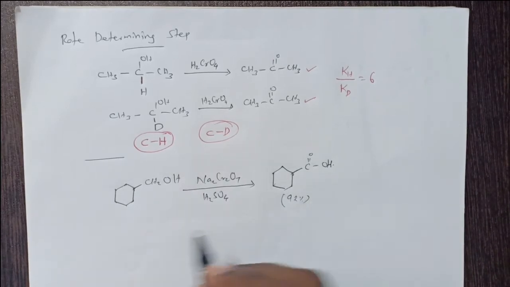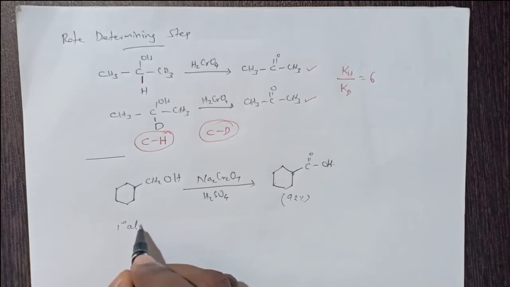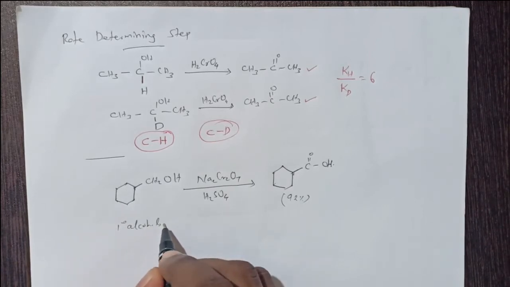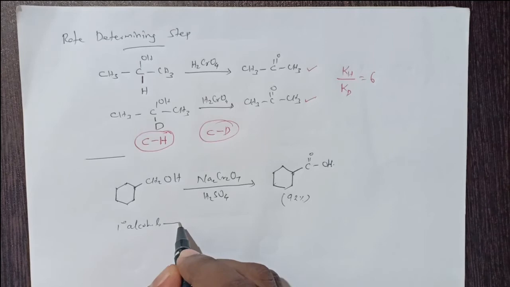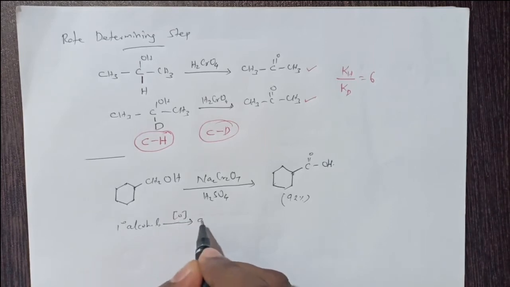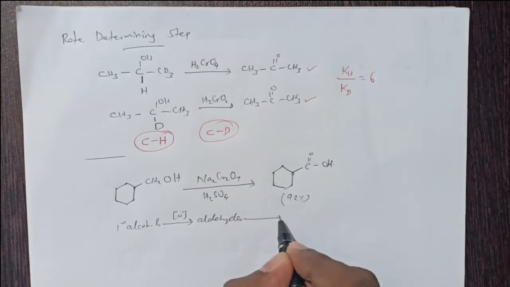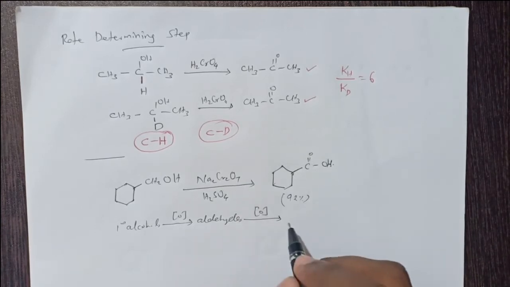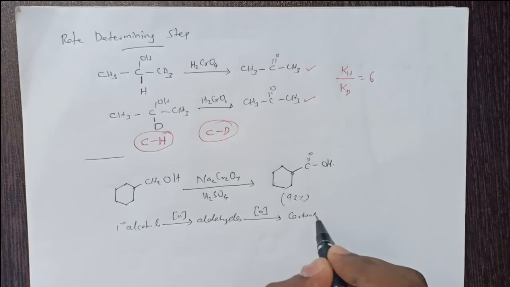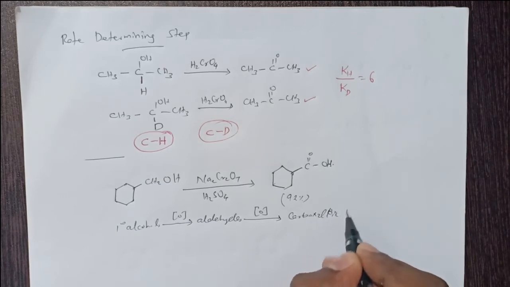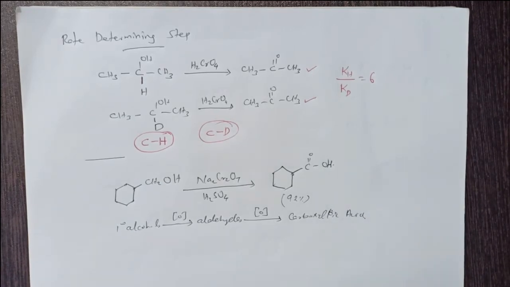That means the primary alcohols first convert on oxidation to aldehydes. This reagent is capable of oxidizing these aldehydes to carboxylic acids. So generally we can say that primary alcohols are oxidized to carboxylic acids.